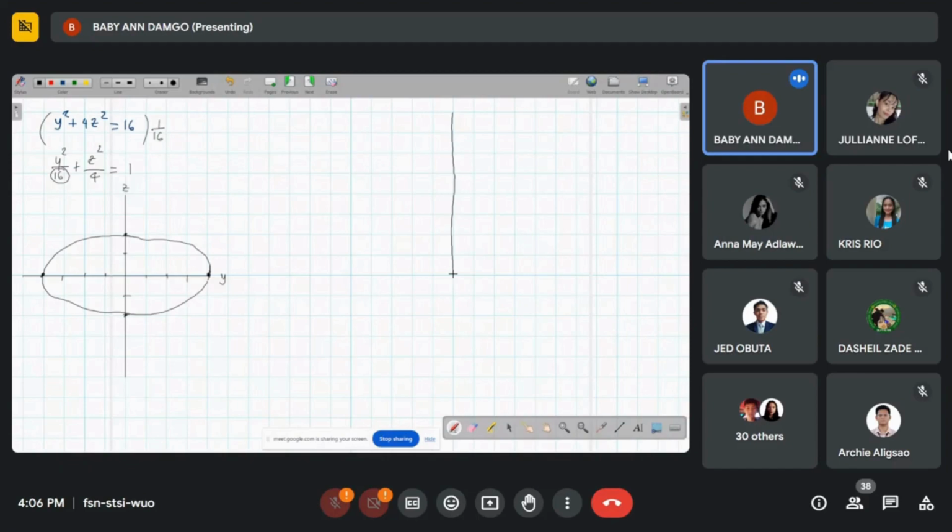So if we use the Desmos, we have y squared over 16 plus z squared all over 4 is equal to 1. There is a graph. No?